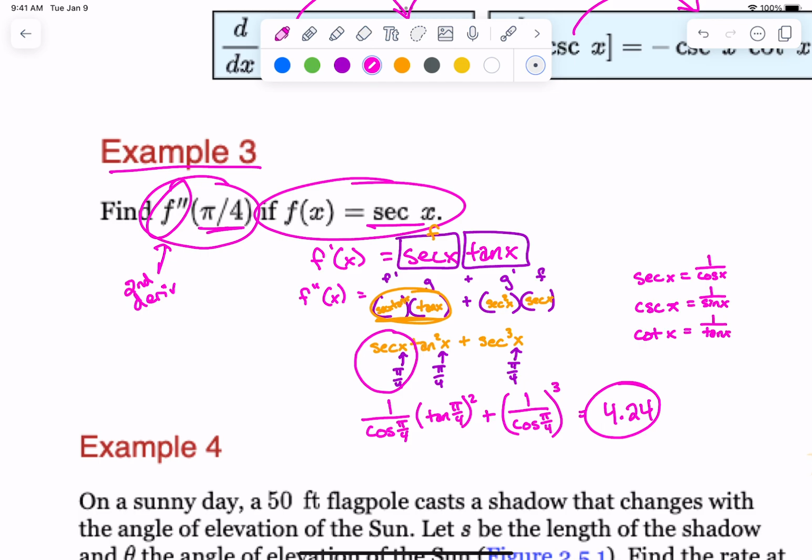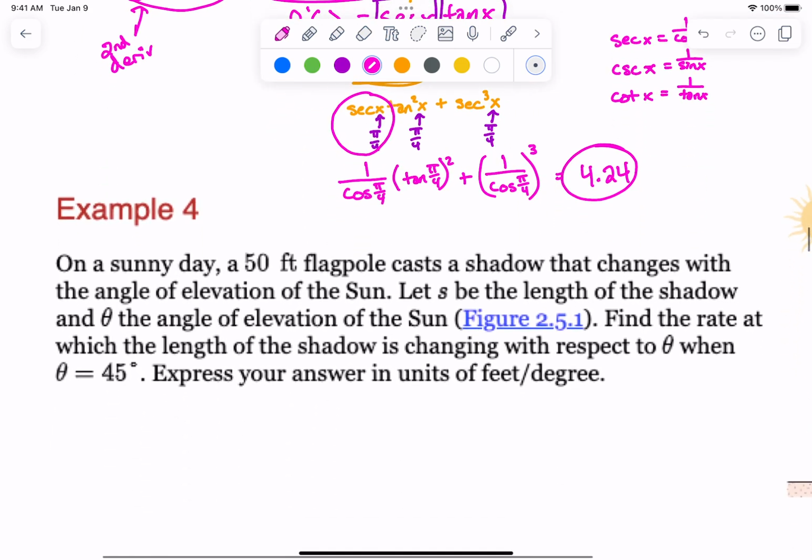Oh, I just got 4.24. Yes, ma'am. Oh, you're using a plus sign here. Yeah, you got it. Took me forever, but yeah. Perfect.